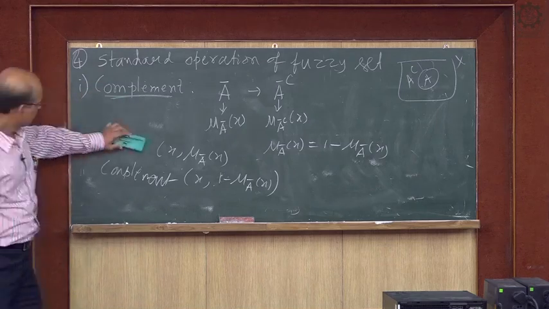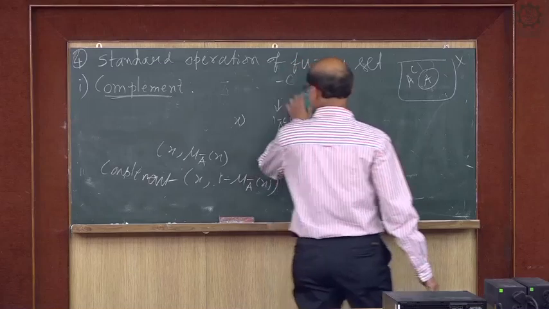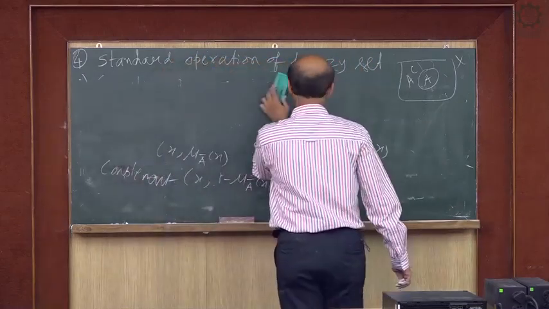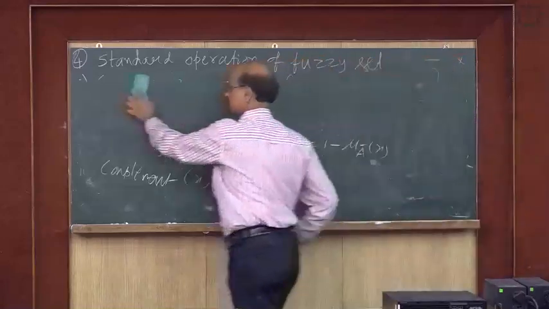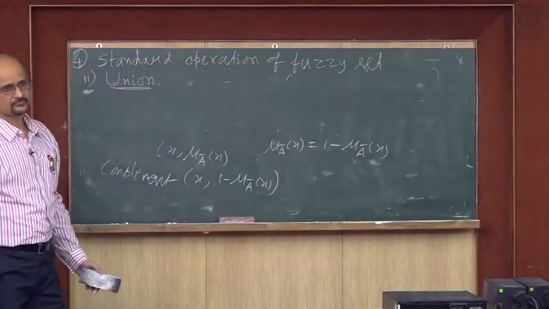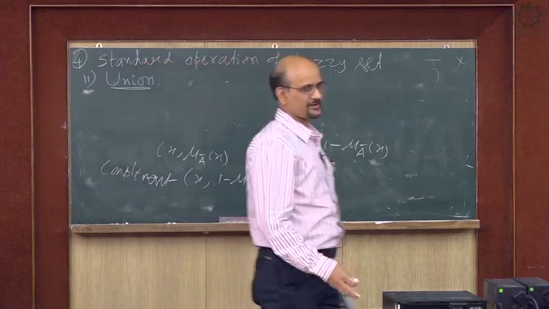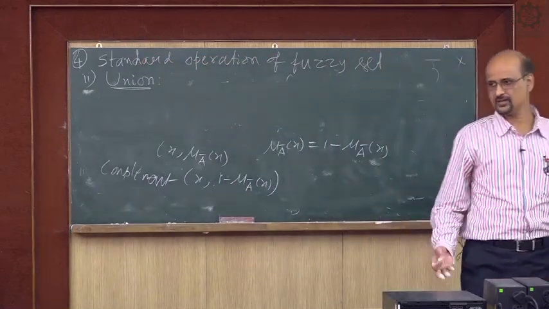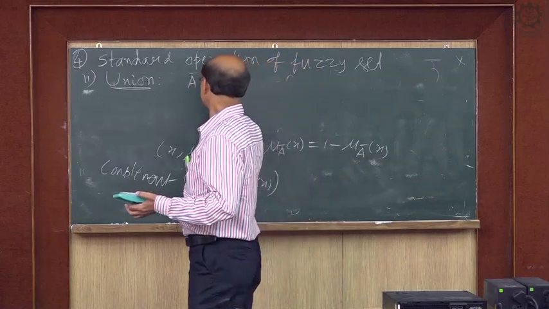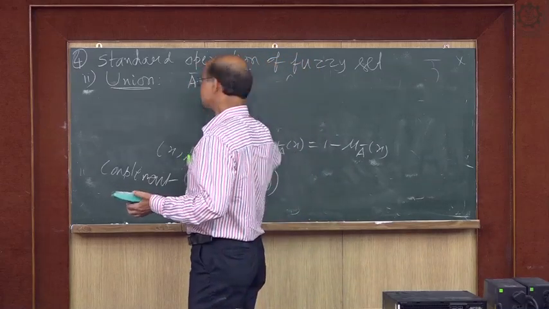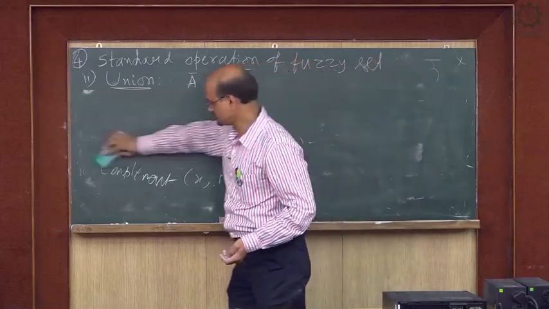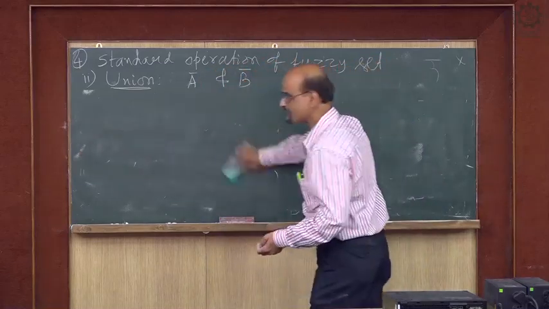Let us now come to the next operation, that is called union. Union of two fuzzy sets. If we have two fuzzy sets A bar and B bar and I want to find their union, it is again very simple.